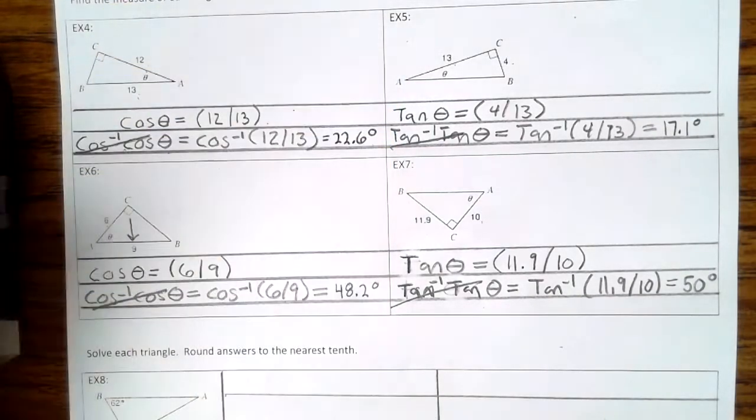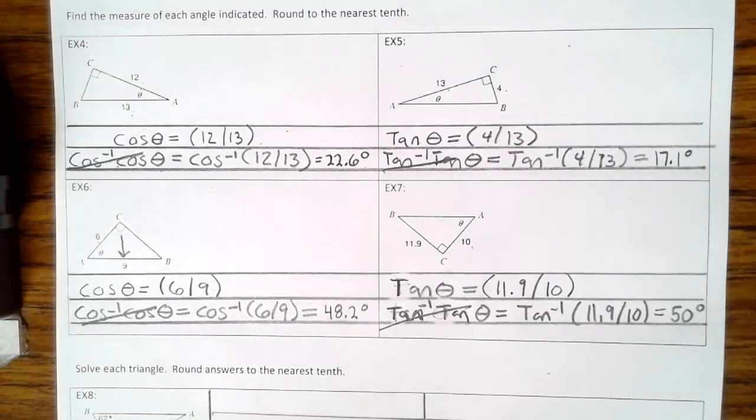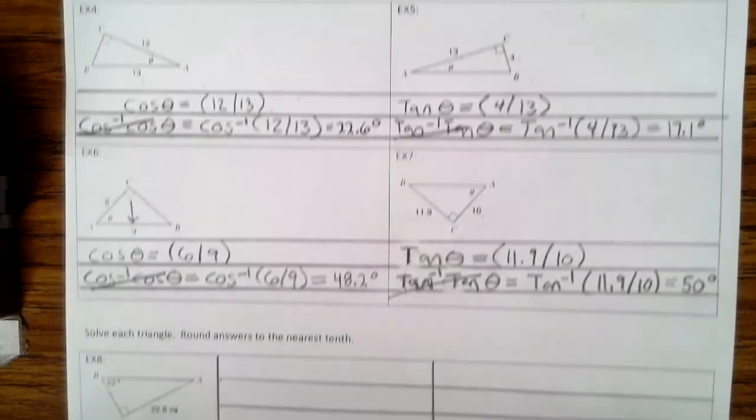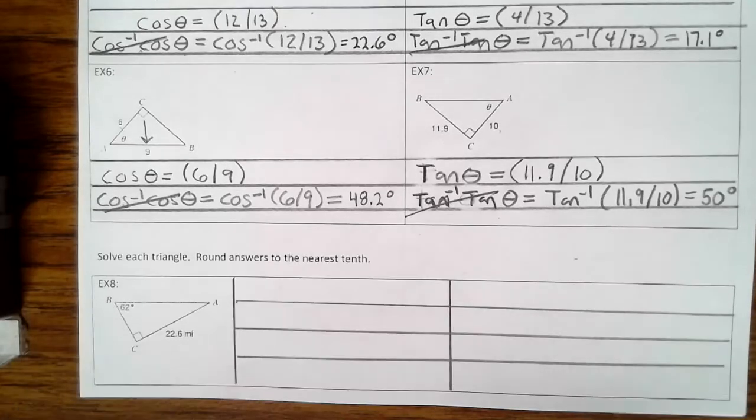All right, now let's take a look at example 8. Solve each triangle, round answers to the nearest tenth. So here, we want to find all of the pieces that we're missing. Okay, so let's first find the degree.